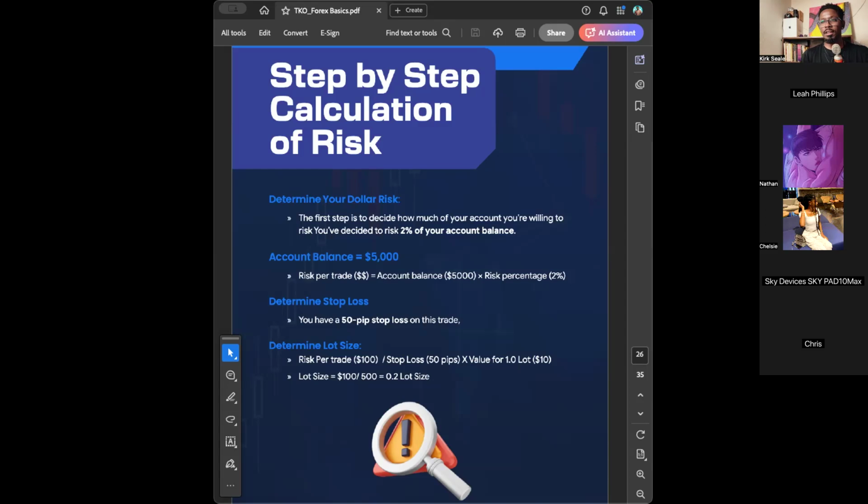I had my multiplication on the outside, which would have given you 2. So risk per trade over whatever your stop loss is. For this conversation, it's going to be 30 pips. And 30 multiplied by 10 is going to be 300. So 6 over 300, and that should give you 0.02.